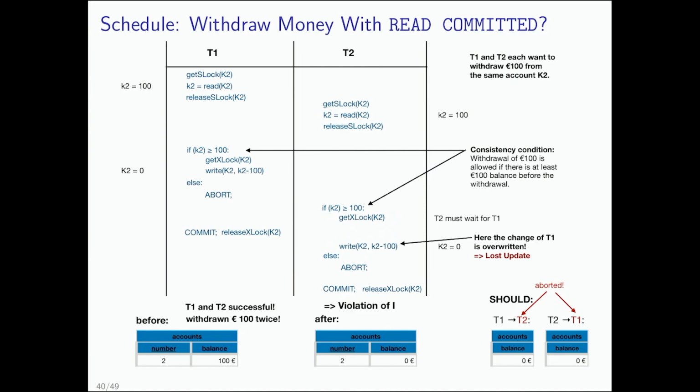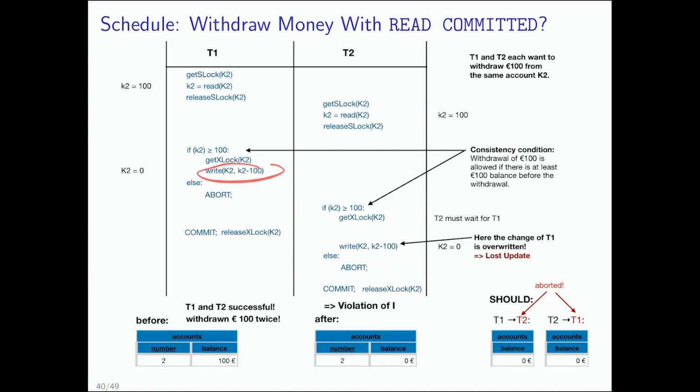So it read the old account before it was written to afterwards. You're seeing that? So you read the old account here, and now it's writing the old account with respect to T2 to the database again. And that's a classical lost update, because you lost the stuff that was written here.